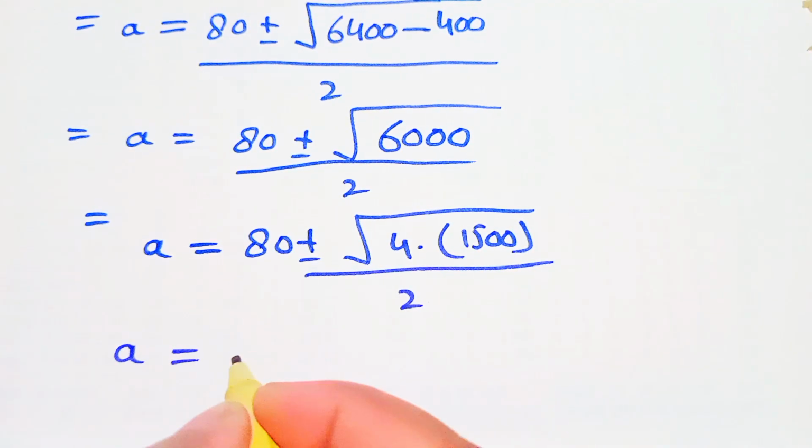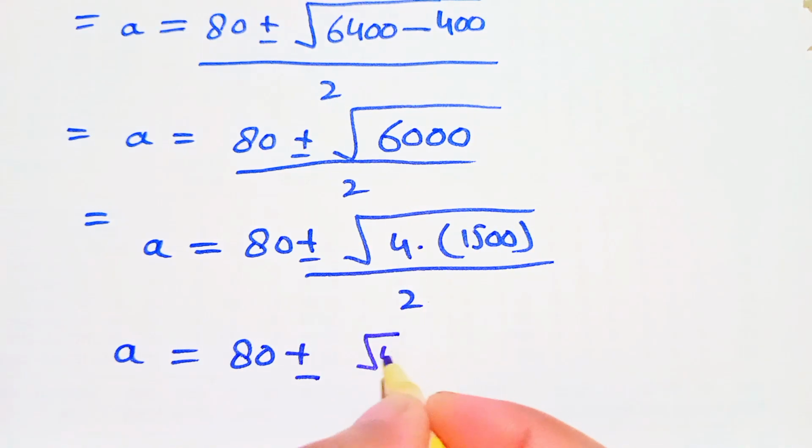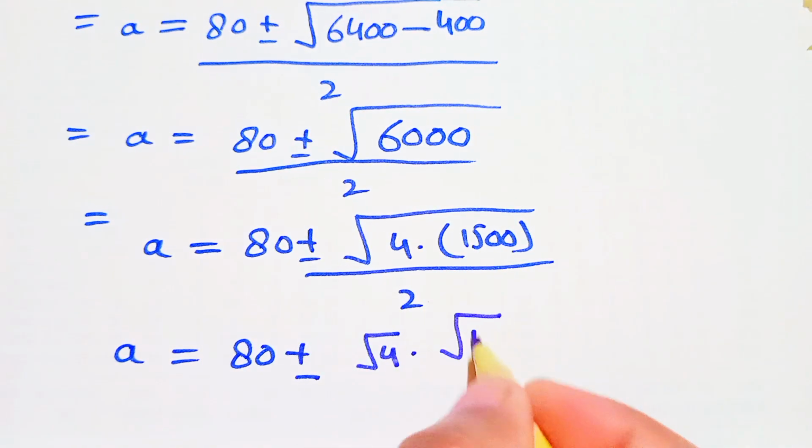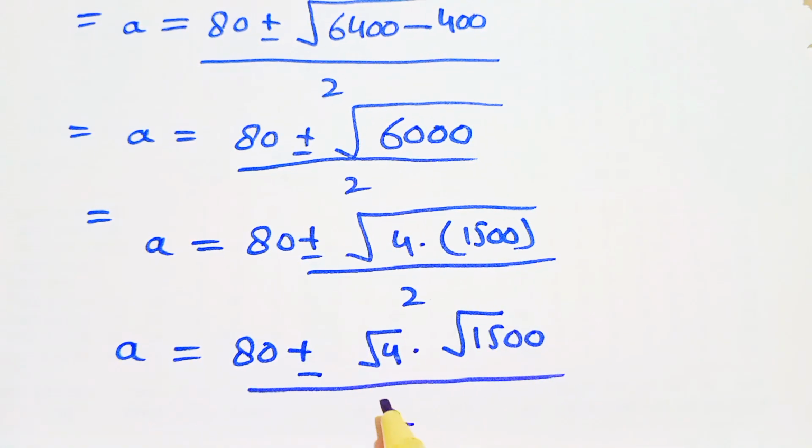So a is equal to 80 plus or minus square root of 4 times square root of 1500, then over 2.